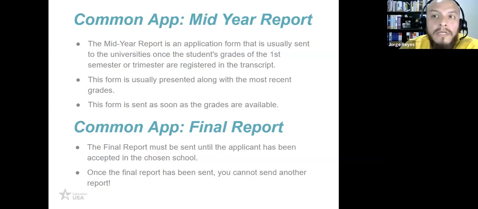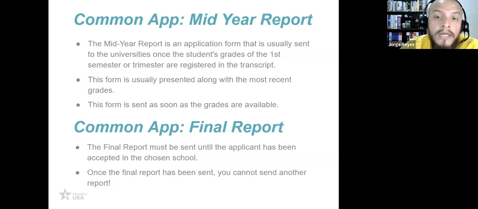Why? Because we only have the Historial Académico, the Cardex, where we put the information of the first, second, third, fourth, fifth, and sixth semester. So there is no such thing as a mid-year report, but if you are in fifth semester, we can consider up to your fourth semester as a mid-year report.